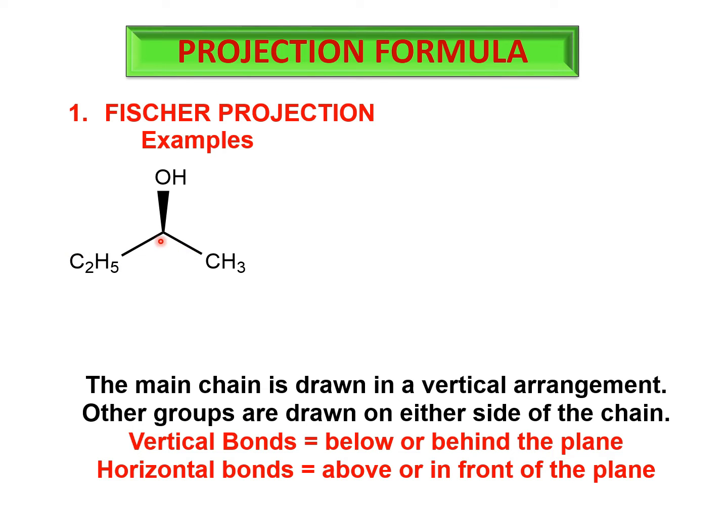An asymmetric carbon, which we will also discuss later, is any carbon atom that has different groups attached to it. So it has 4 different groups attached to it. This carbon has a CH3 group, an ethyl group, C2H5 group, a hydroxyl group, and what is the 4th group? That is a hydrogen, which is not shown here.